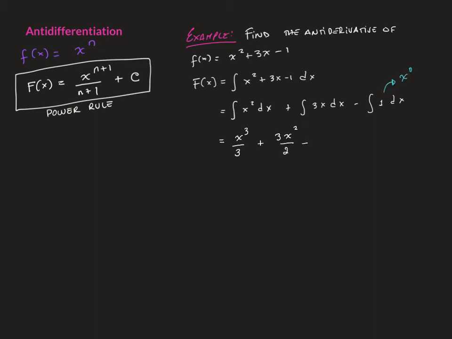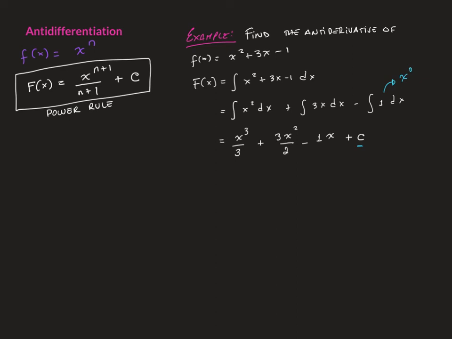So that means the integral is going to be x to the power of 1 divided by 1. And finally, plus c. There is no need for you to write multiple constants of integration. When you have multiple terms, all you have to do is integrate each of the terms and then add at the end one unique integration constant.